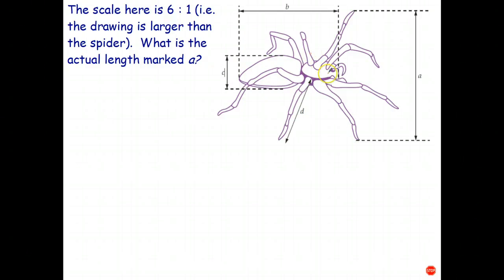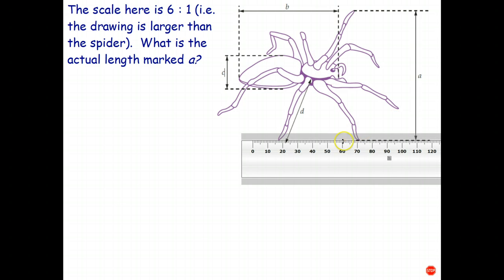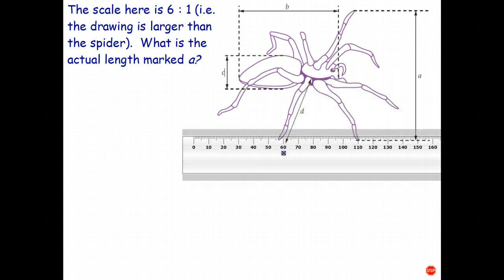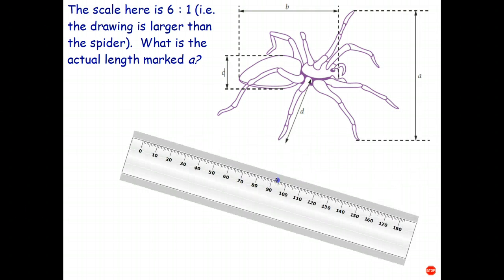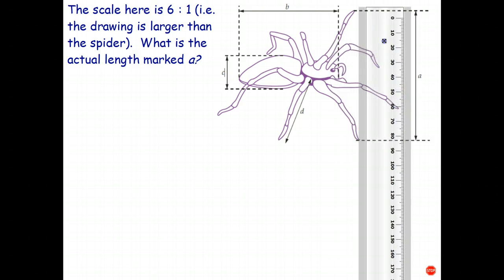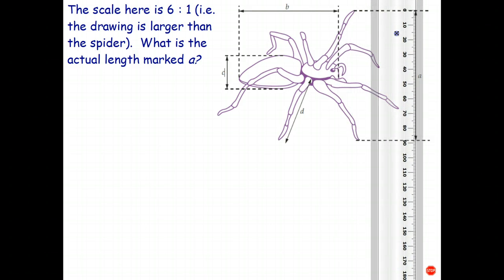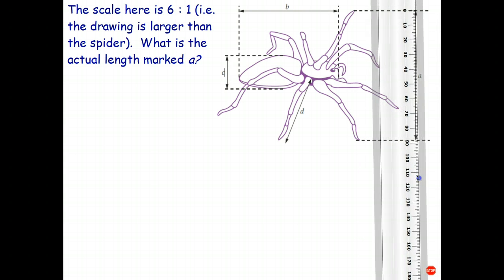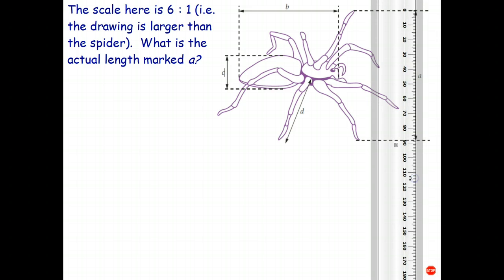So once again, we go ahead and start by measuring. In fact, I'm going to turn my ruler approximately correctly to start with. Just a bit easier to do that first. And the actual length is, if I straighten it up, looks like about 88 millimeters.